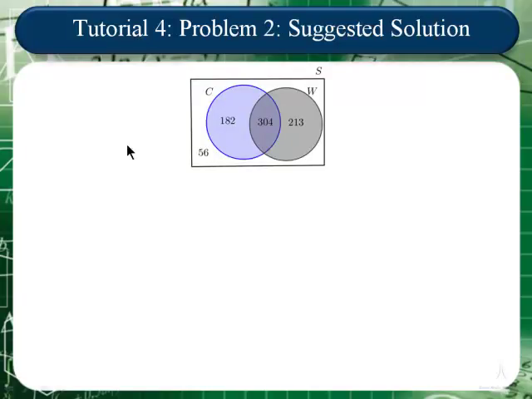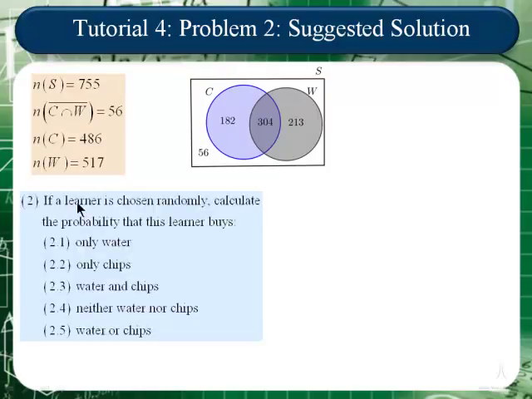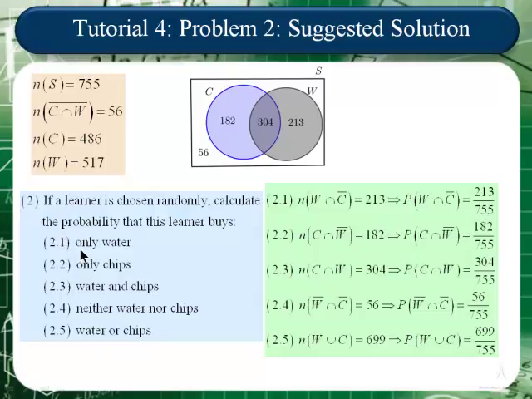Let us look at a suggested solution to problem 2 from tutorial 4. Here we have all the details and the relevant cardinal numbers. The question is, if a learner is chosen randomly, calculate the probability that this learner buys only water, only chips, water and chips, neither water nor chips, or water or chips. Now, to answer the first part, only water is that part that belongs to the water only.